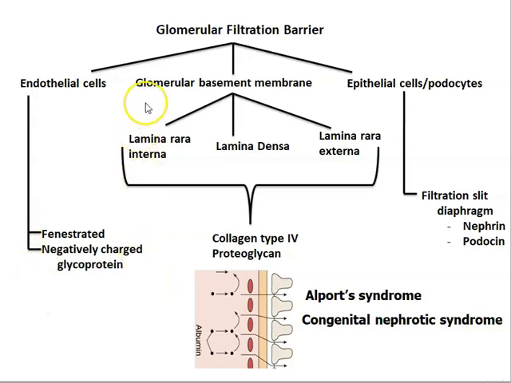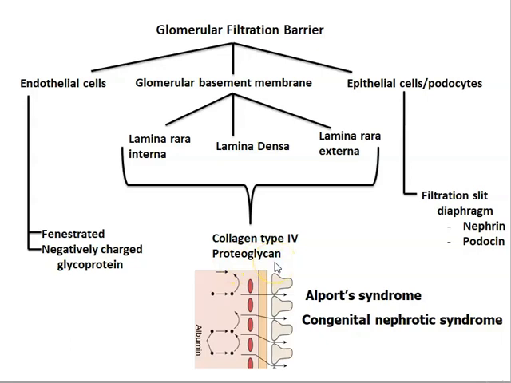The next layer we discussed is the glomerular basement membrane, and this is divided into three layers: lamina rara interna, the inner part, followed by lamina densa, followed by the outer layer, the lamina rara externa. All these three layers consist of collagen type 4 and some other proteoglycan.